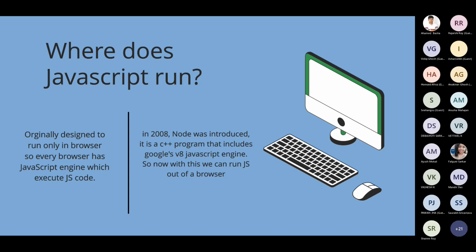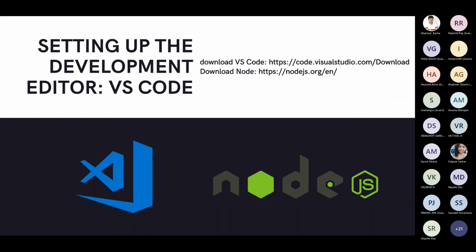Let's go to the next slide. It's about setting up the development editor. As a prerequisite, I have sent mails to everyone who registered for the event with the links to Visual Studio Code and Node. You don't actually require Node for doing JavaScript, but it is highly recommended if you want to make nice web applications.